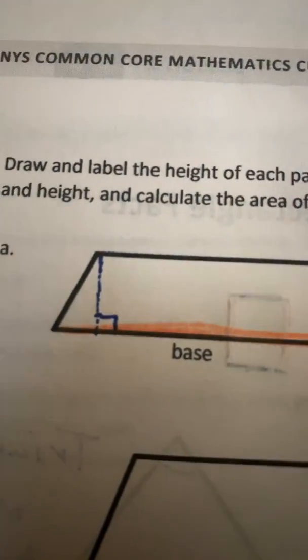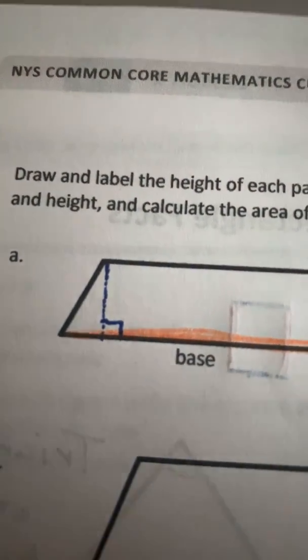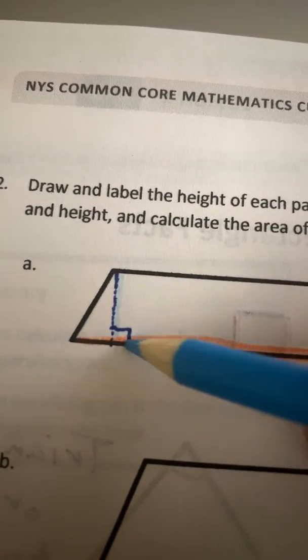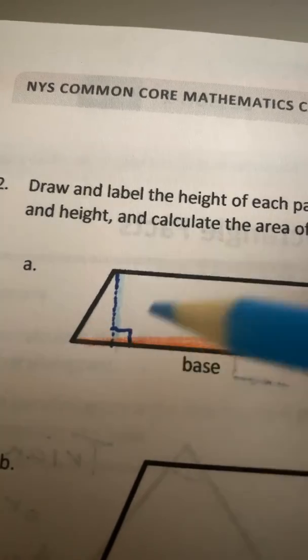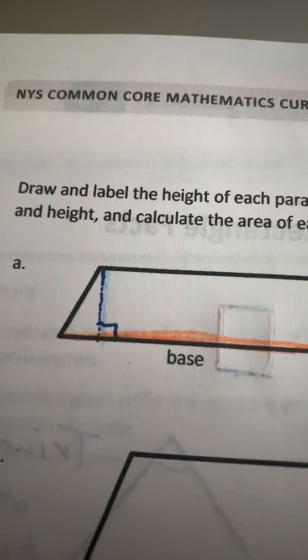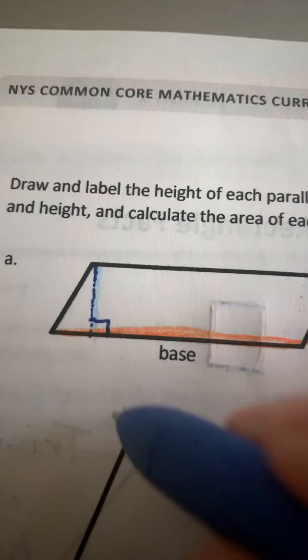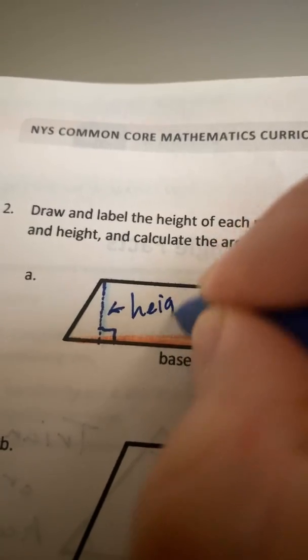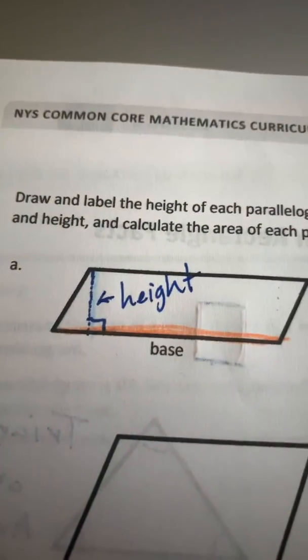I'm gonna use yellow, never mind. Baby blue, just to highlight that right there. And if you see right there, that makes your right angle. Okay, that's why we put that little square. Okay, and this right here, these dotted lines, we established that that's our height.